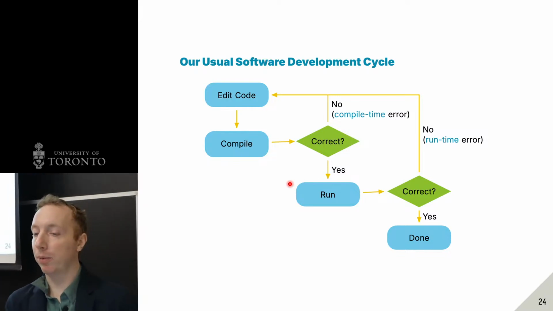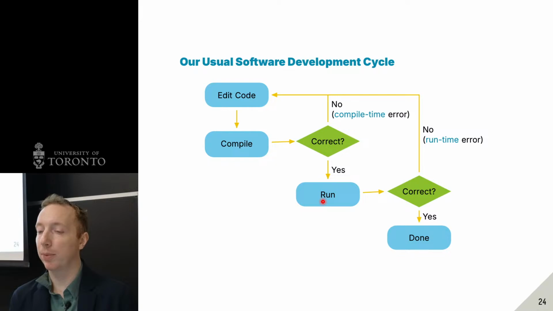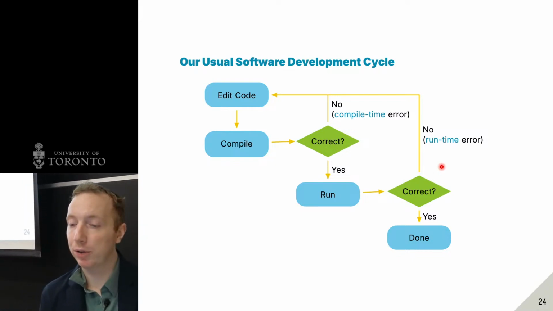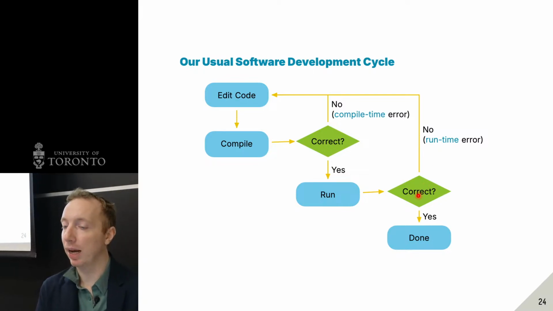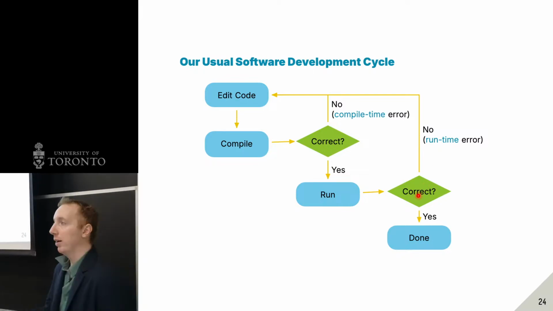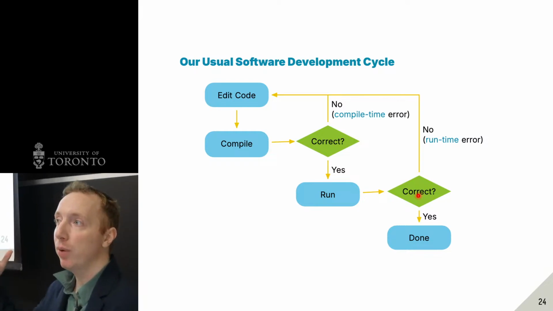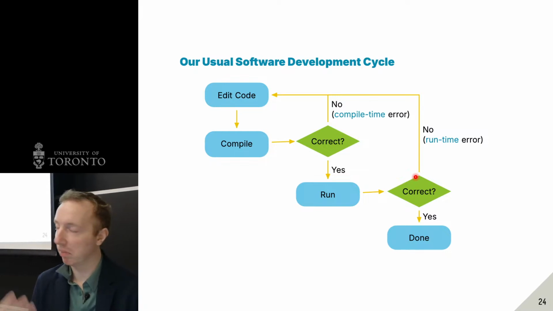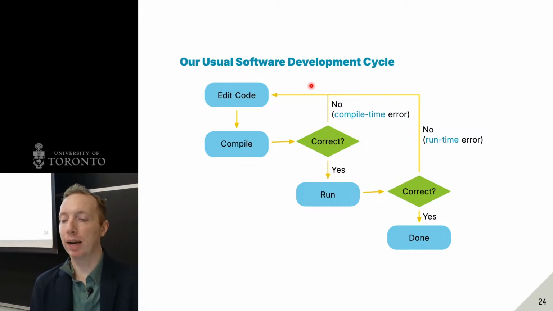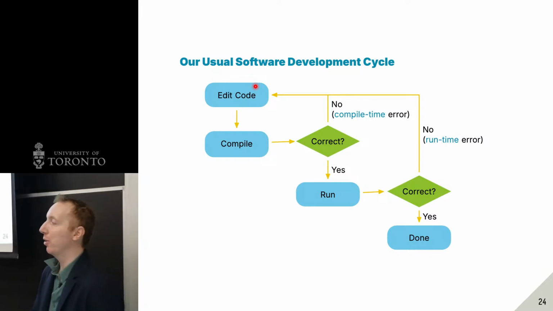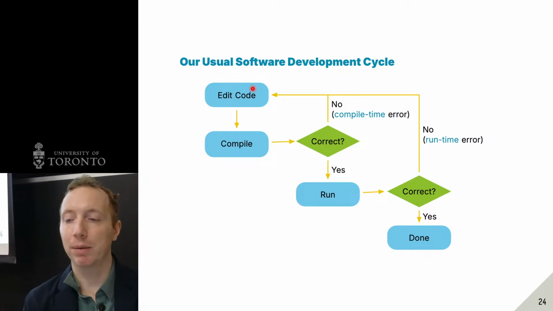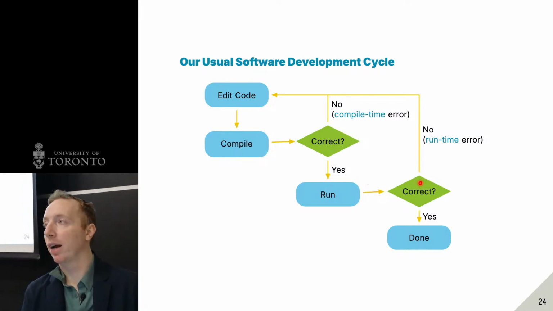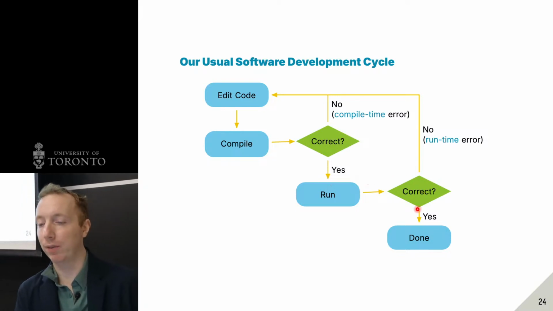So now after we compile, we would try to run our executable and see if we get the correct result. If we do not get the correct result or something really bad happens, that's something called a runtime error. Some issue happened when I tried to run my program. If that happens, I have to go back, edit my code, try and fix it, recompile it, hopefully it compiles, try and run it again, and then check to see if this is correct.